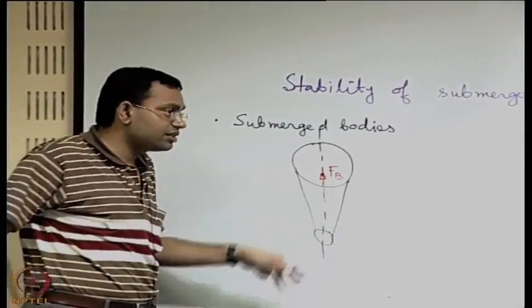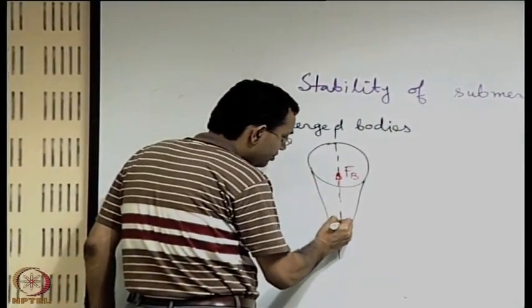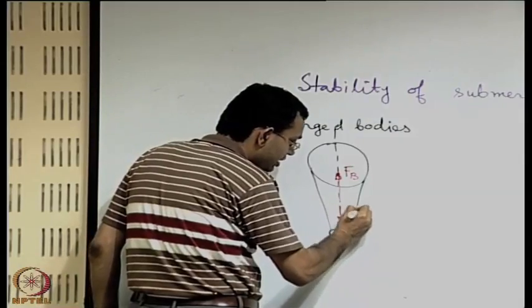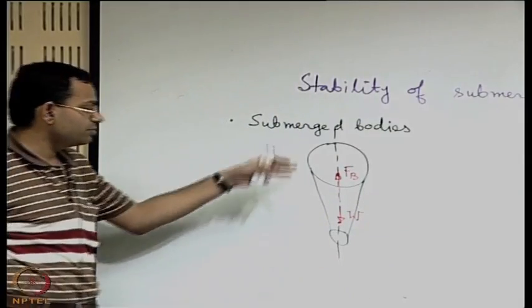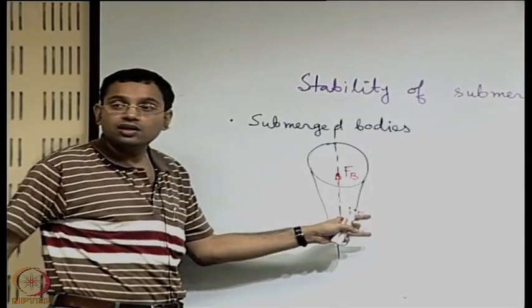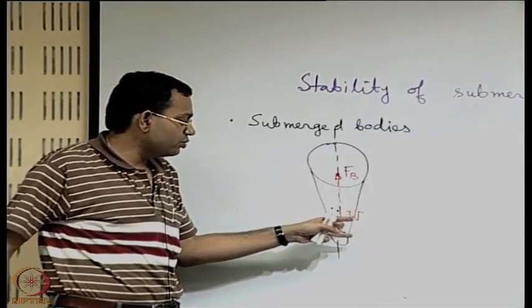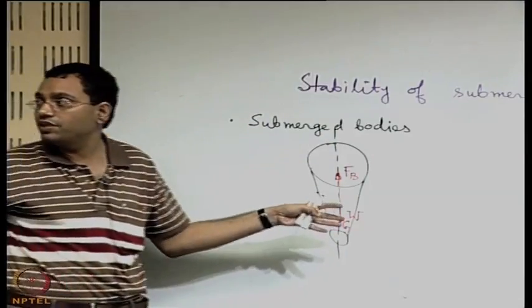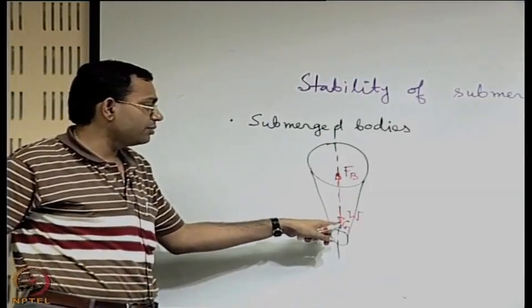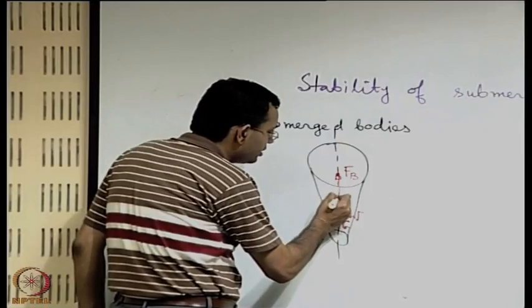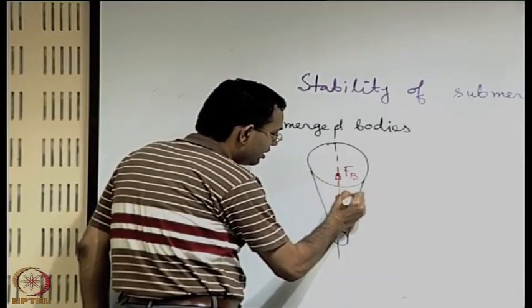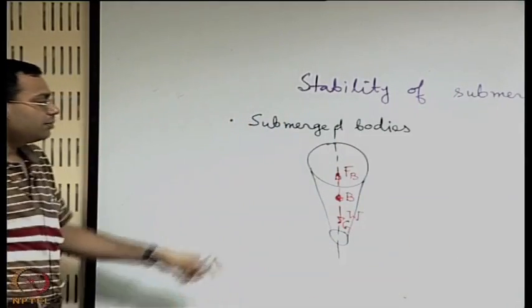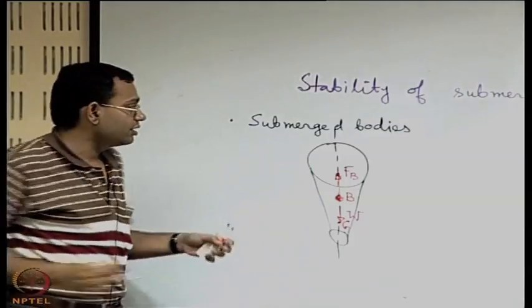So the resultant force due to the weight distribution is passing through the point G, the center of gravity, that is located somewhat below, and the resultant buoyancy force is now acting through some point B. So what is the point B?